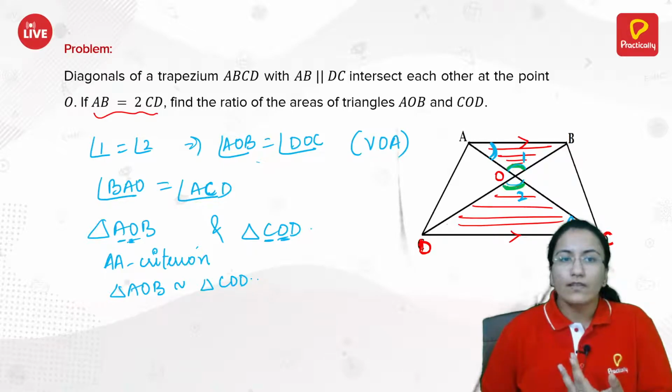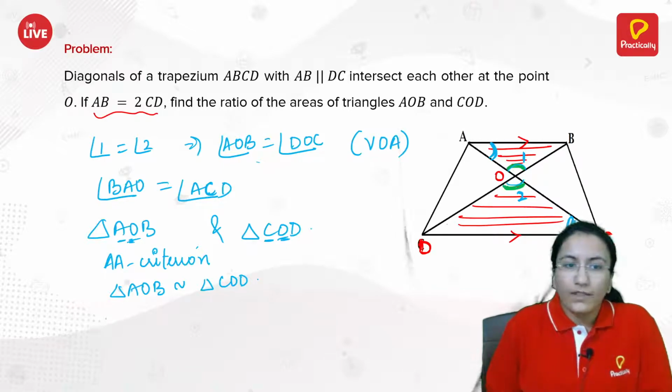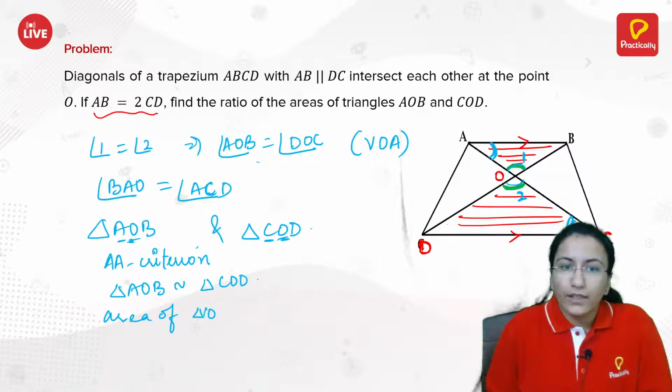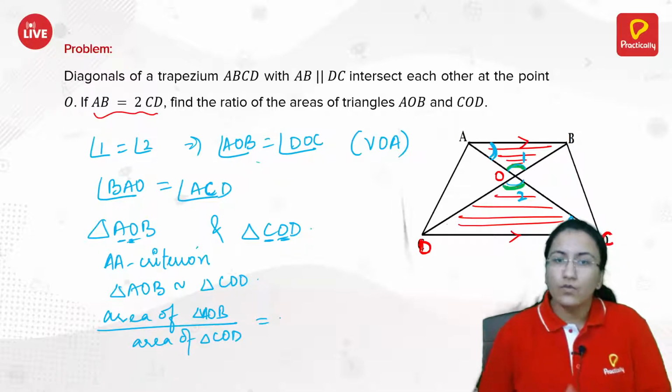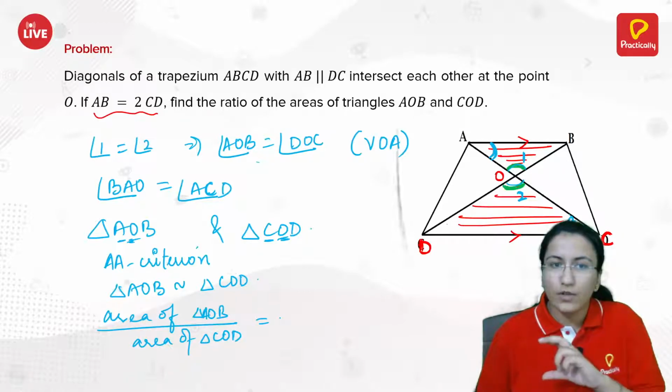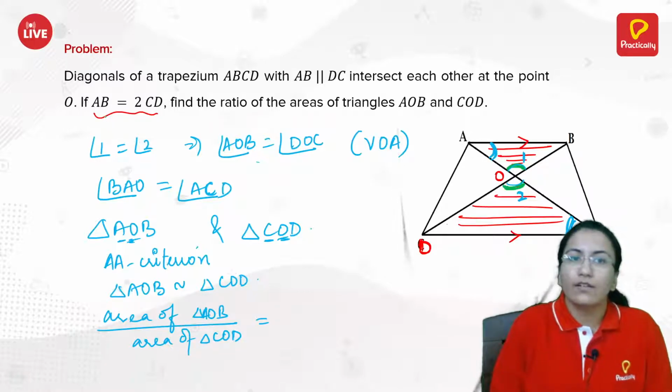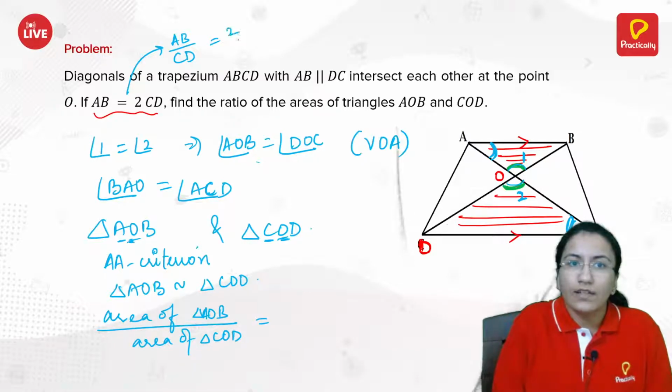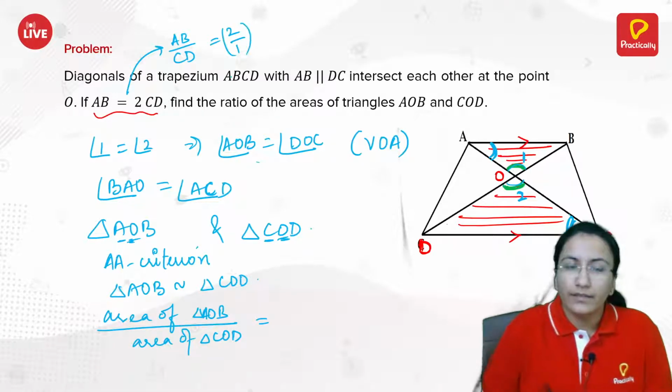If these two are similar, then the ratio of the area of triangle AOB divided by the area of triangle COD is equal to the square of the ratio of their corresponding sides. You have a relation between corresponding sides: AB by CD from this equation can be written as 2 by 1, right?